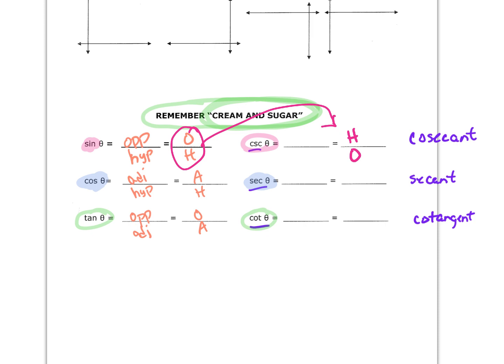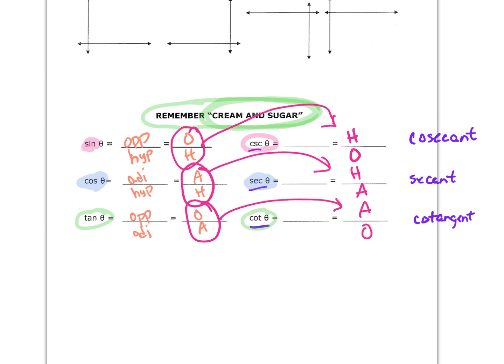Right? Similarly, if the cosine ratio is the adjacent over the hypotenuse, then I know that to find my secant value, I'm just going to flip that. And tangent, same thing. If it's opposite over adjacent, then for cotangent, I'm just going to flip it. So adjacent over opposite. Okay?